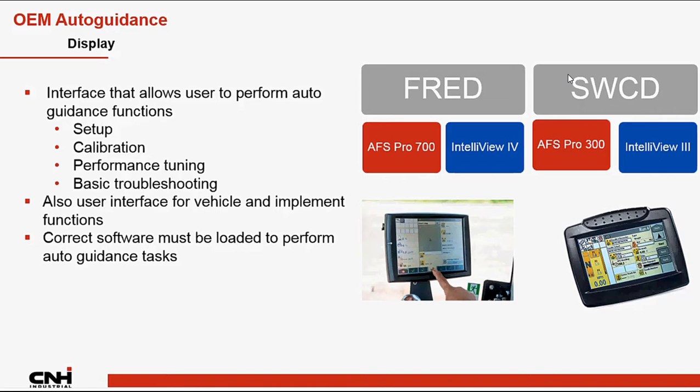The TeleView 4 or the AFS Pro, these displays allow you to first of all see what you're doing and everything, and then you can also set up your navigation, you can calibrate the navigation and other things. You can do performance tuning through these displays, basic troubleshooting for the navigation.